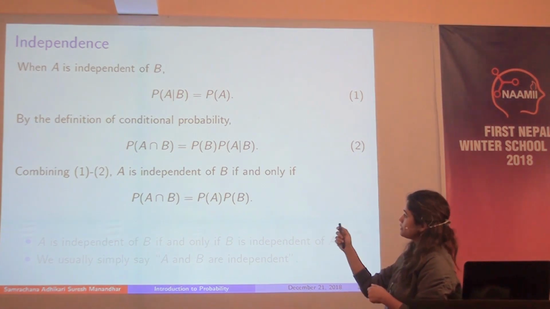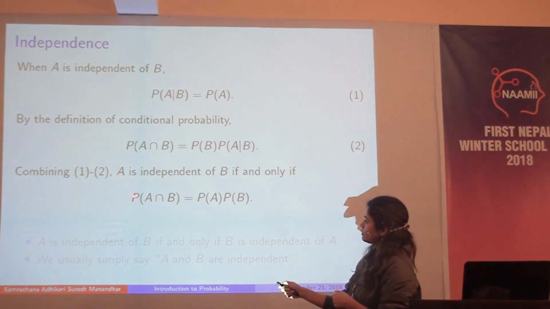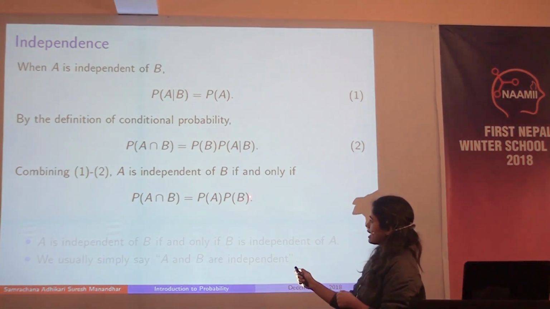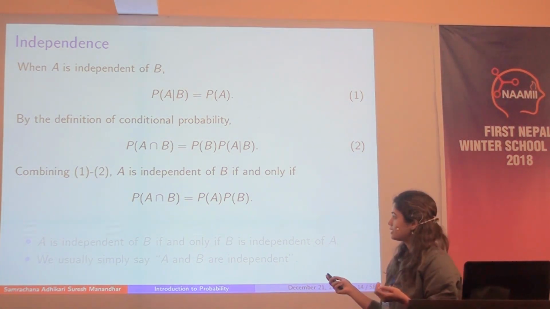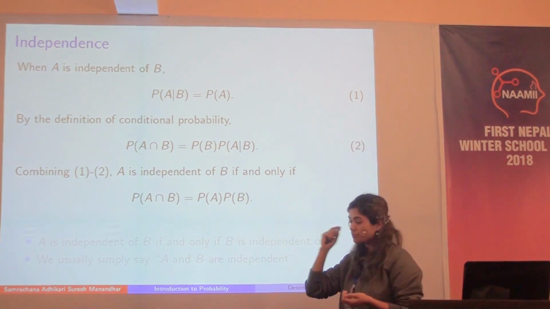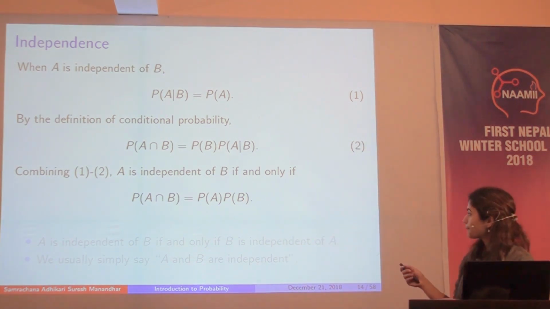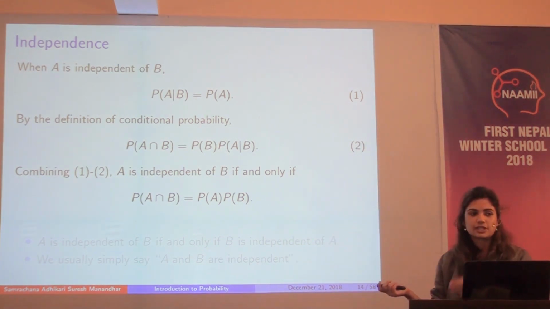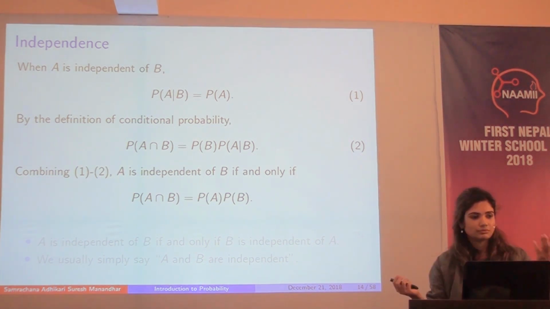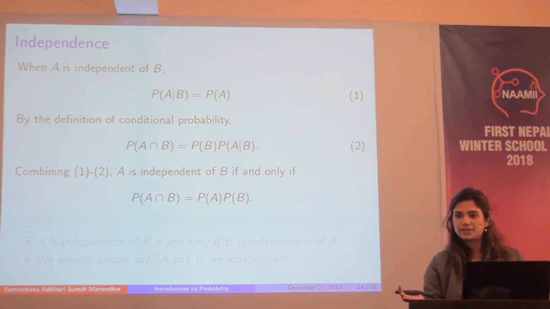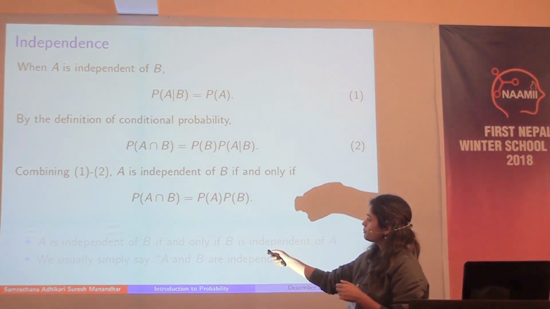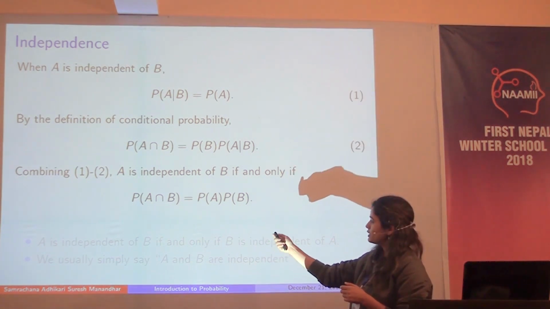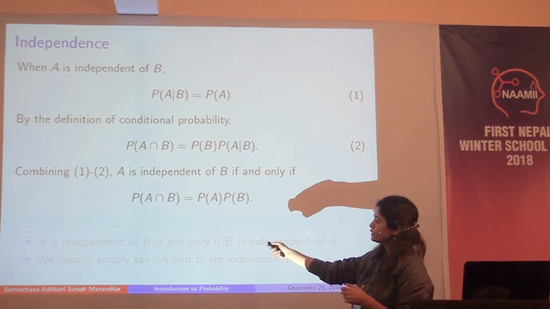So if A and B were independent, then we get the probability of A and B as a product of the probability of event A and the probability of event B. And this is a very useful formula in probability theory, and later when we start talking about random variables, because if we knew two events are independent, then we can very easily get the probability of them being together just by knowing this marginal probability.